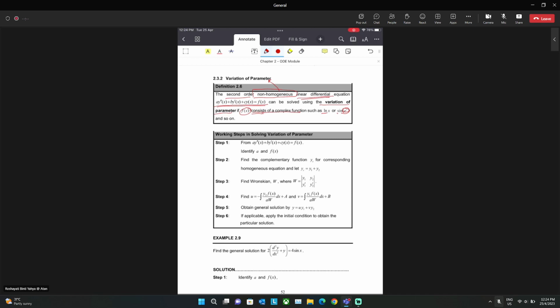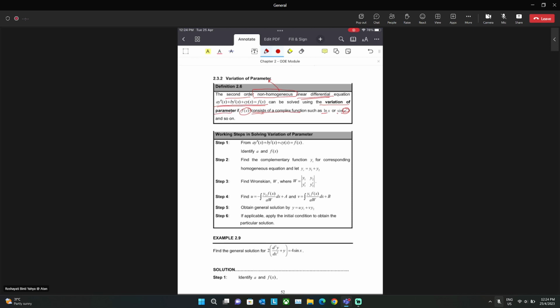Once you find that your f(x) consists of a complex function, what is a complex function? ln, exponential. Okay, so you can use variation of parameter. Working steps in solving variation of parameter.